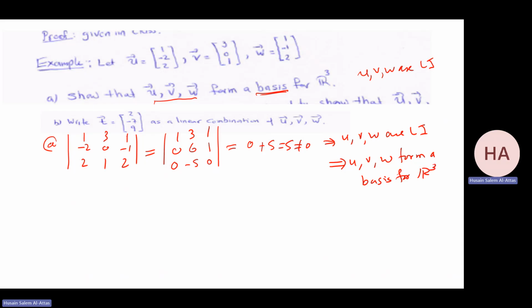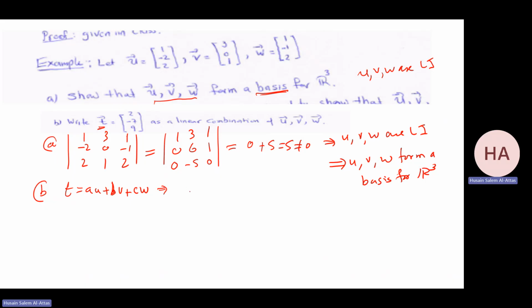Now I want to express T, which is this vector, (2, -7, 9), in terms of those U, V, W. So I need to write T as AU plus BV plus CW. I need to find A, B, C. Since they form a basis, it means any vector in R3 can be expressed as a linear combination of those three. That means what?